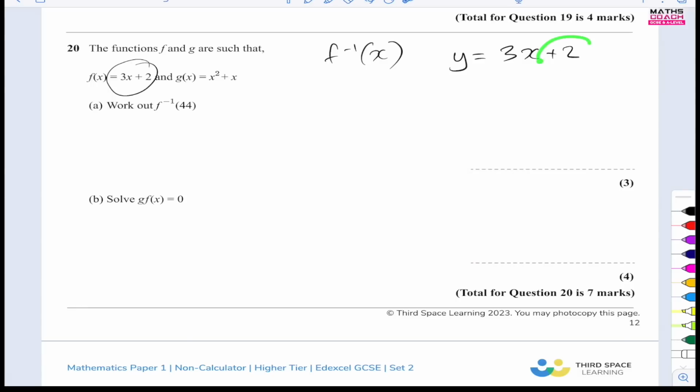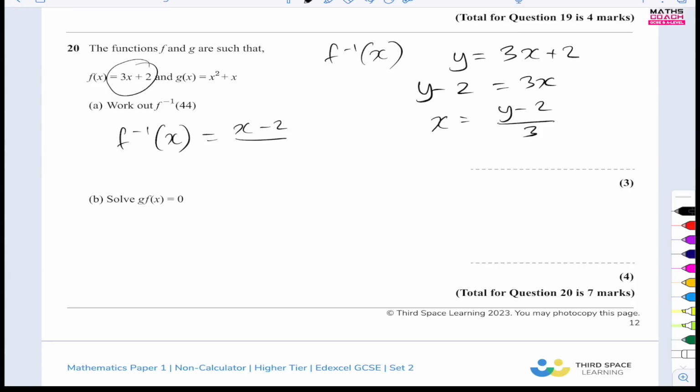So we get rid of the 2, take it to this side. So that will be y minus 2 is equal to 3x. And then we divide by 3. So therefore, x would be equal to y minus 2 divided by 3. So we write it as this now. f inverse of x is equal to, instead of a y, we go back to the x's. So x minus 2 over 3.